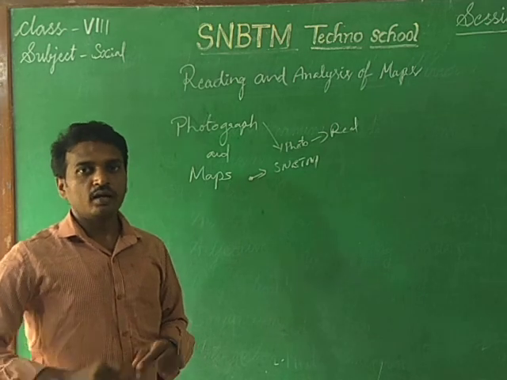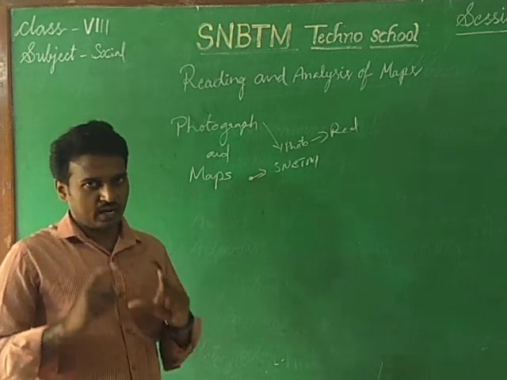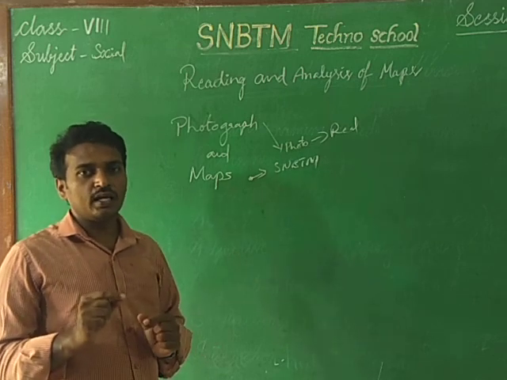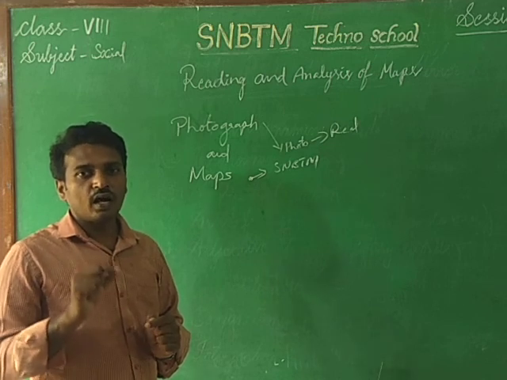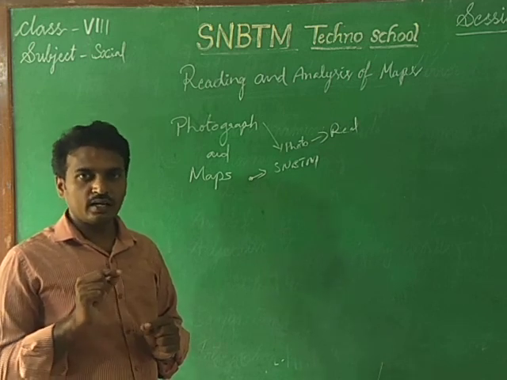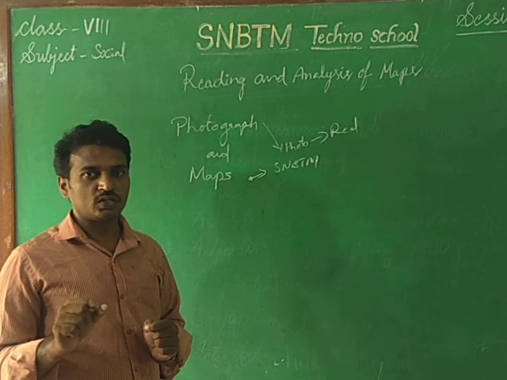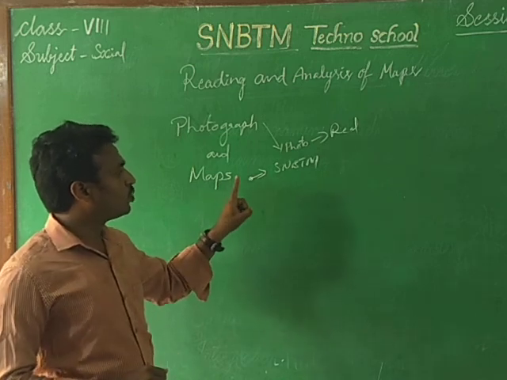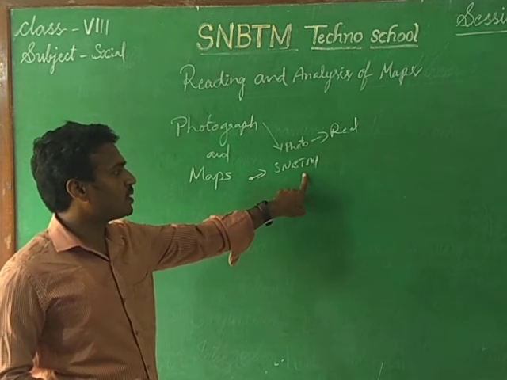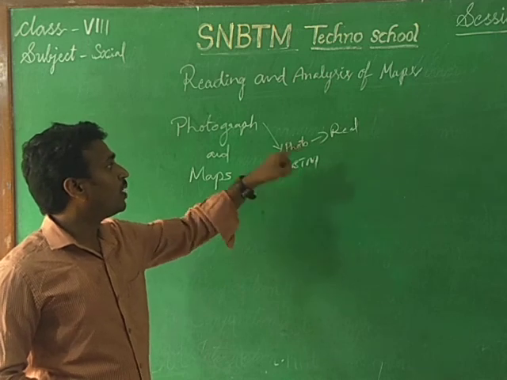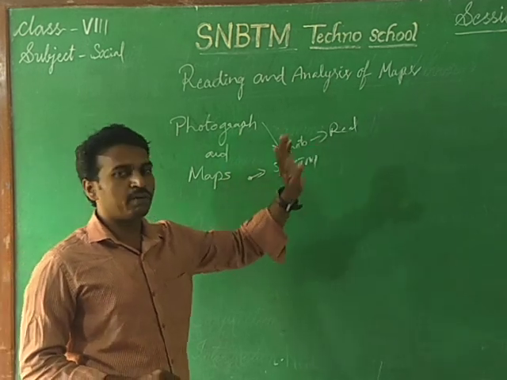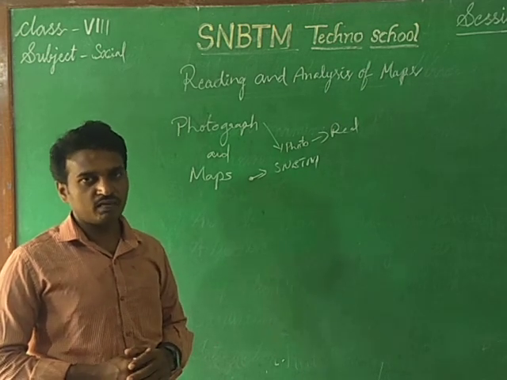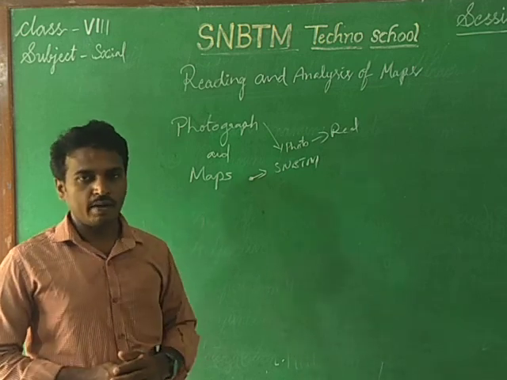In a photograph we can see the exact picture. But in the map, along with the symbol, we can see the particular area or school which is located in Repalle. In the map, by using the symbol, we can get the information about the SNBTM school. But in the photograph, we directly see the real picture related to the school. That is the difference between the photograph and the map.